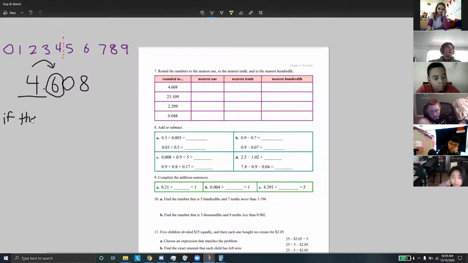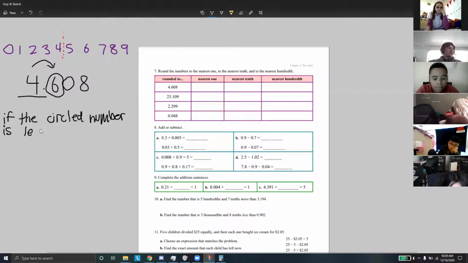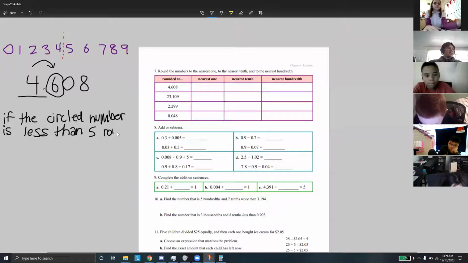If the circled number is less than 5, round up. Else, that's how we say it in coding.